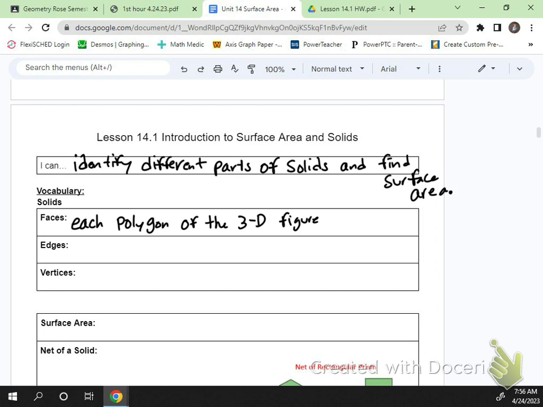The edges are each segment formed where two faces intersect. So again, if I'm looking at my shape in my hands, this is an edge where two faces come together. Technically, this is an edge where this face and this face come together.